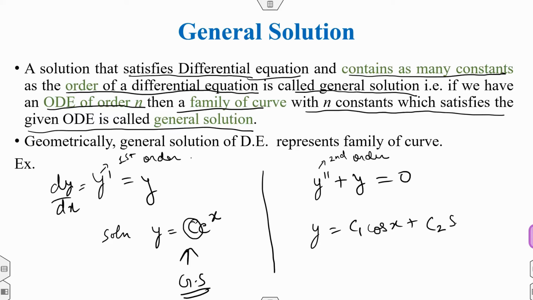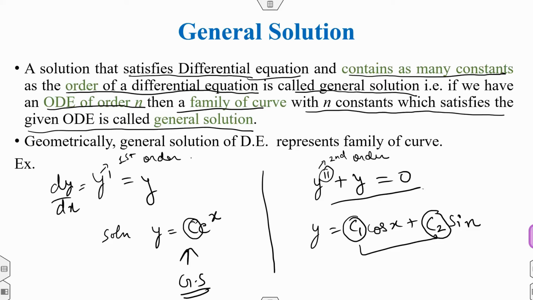For the time being, just understand that the general solution obviously satisfies the differential equation and has the same number of arbitrary constants as the order of the differential equation. Here the order is 2, you have a second order differential equation and you are having two arbitrary constants. So this is called the general solution.